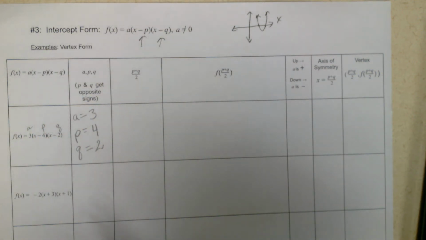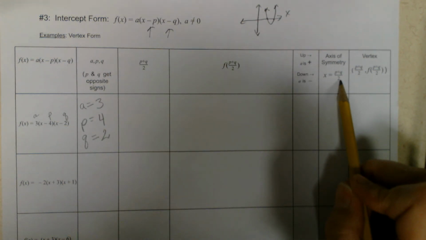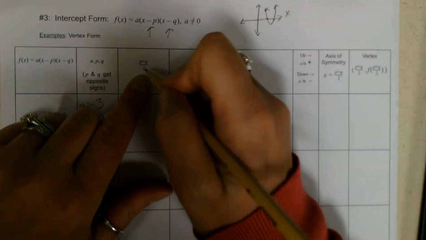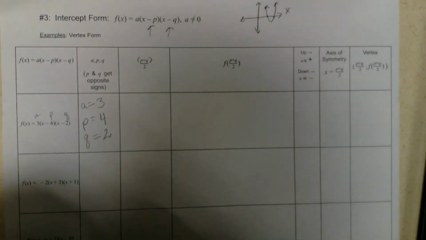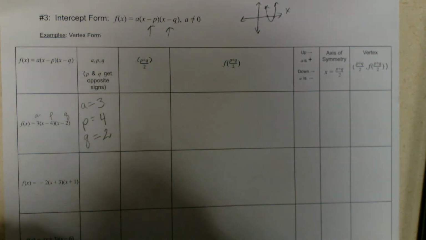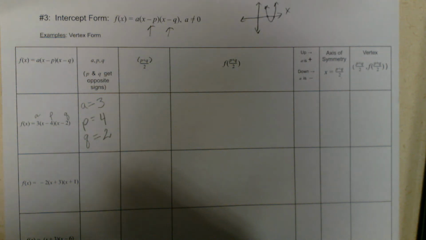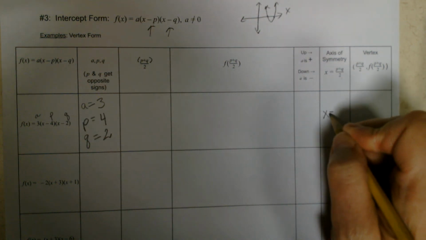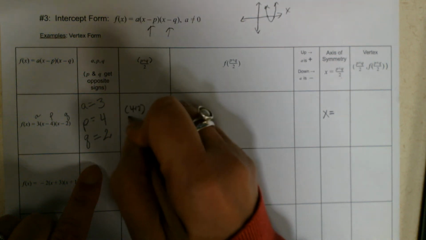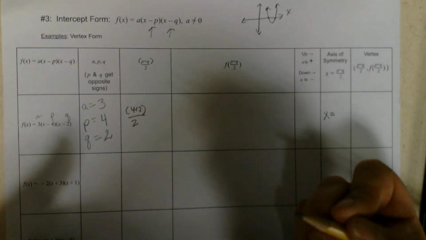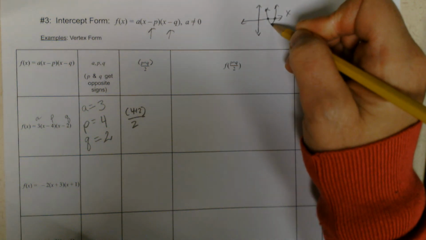Okay, so how do we find the axis of symmetry? The axis of symmetry is going to come from p plus q divided by 2. I should have put parentheses around this because that's what you need to do in the calculator. You need to do the numerator first here. It was the denominator last time. That's what happens in math. It always switches. So in order to find my axis of symmetry, I'm going to take p and q, 4 plus 2, and cut them in half. And that makes sense because if we have these 2 points right here, we're just trying to find the middle.